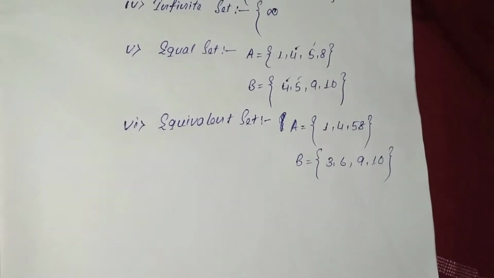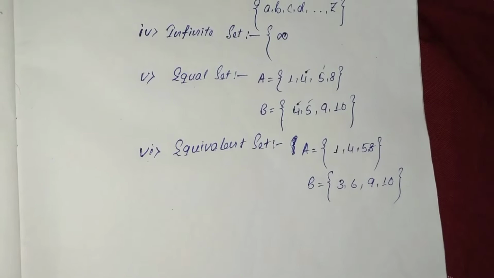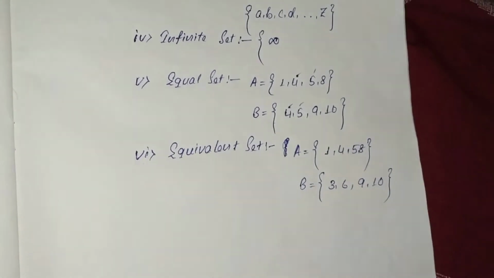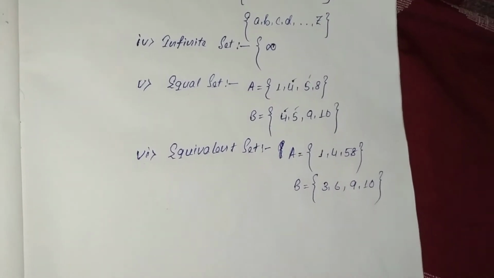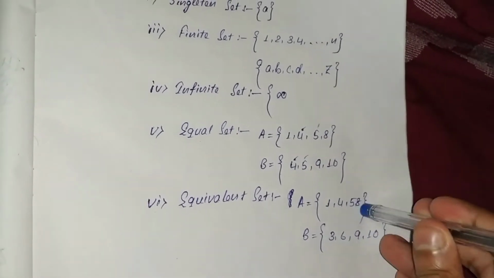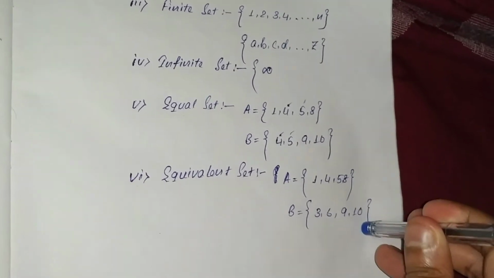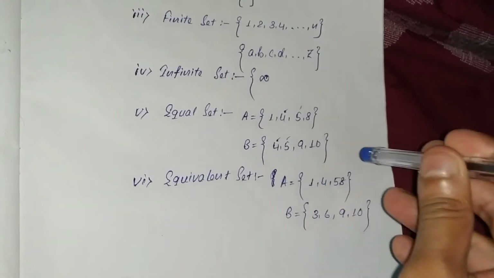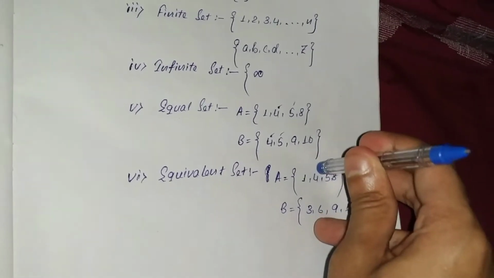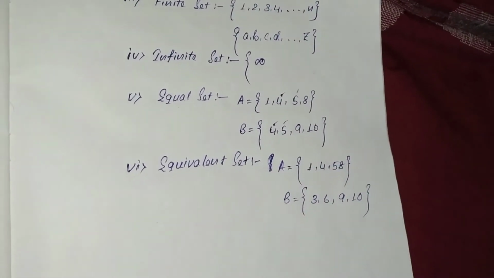Okay. Look very carefully. Both sets have 4 elements. Set A has 4 elements, set B has 4 elements. That's why both are equivalent to each other. Okay.